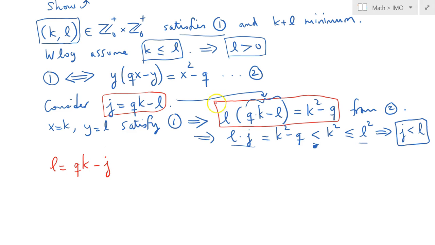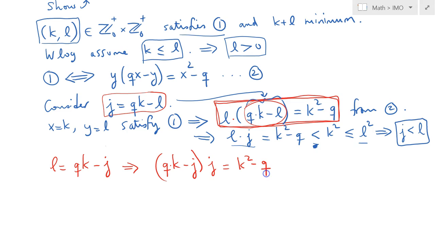So if I replace l with this, this implies that (qk minus j) times j is equal to k squared minus q.